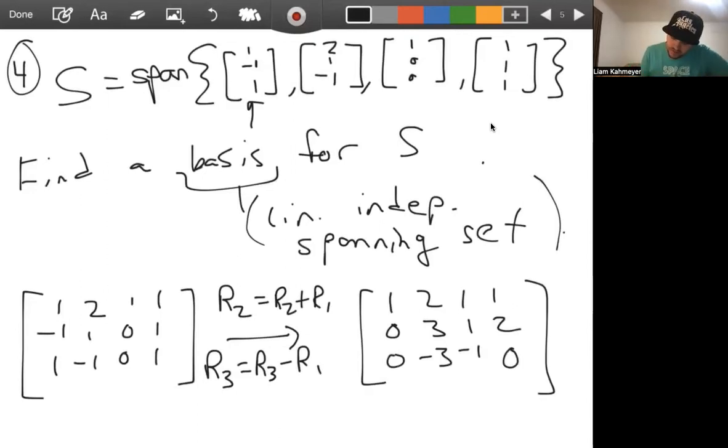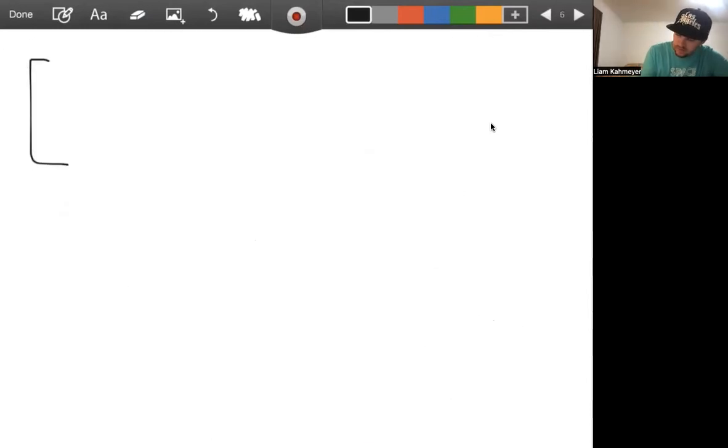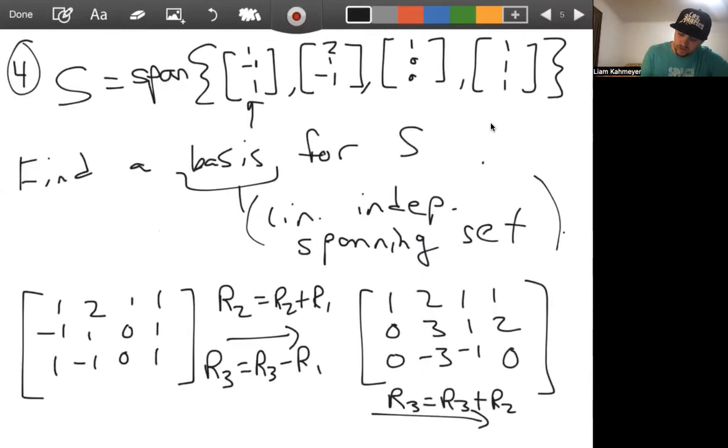What can we do from here, right? Well, we can say row 3 is equal to row 3 plus row 2. And what will we get there? Row 1 is the same still, 1, 2, 1, 1, and row 2 is 0, 3, 1, 2, because we didn't change either of the first two rows.